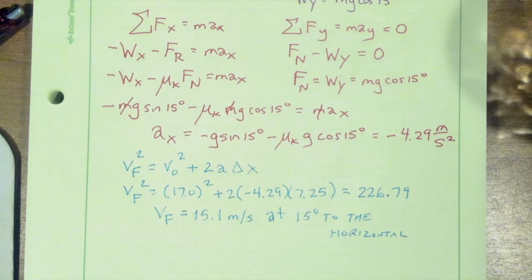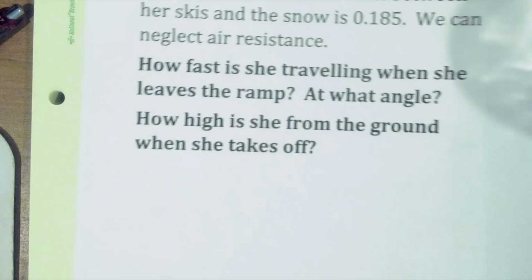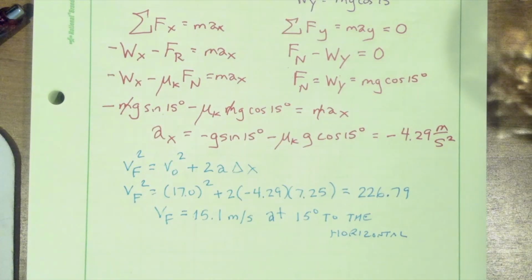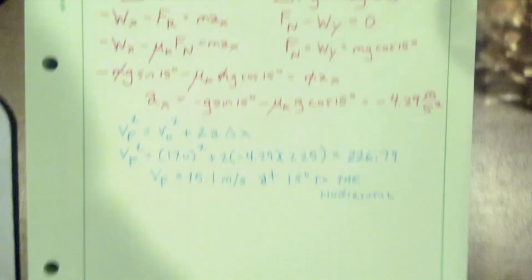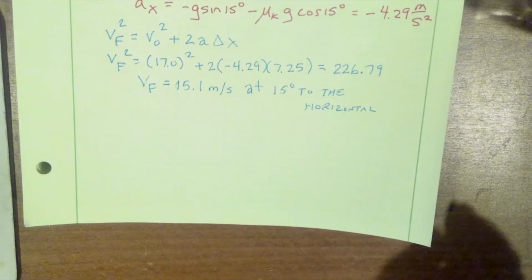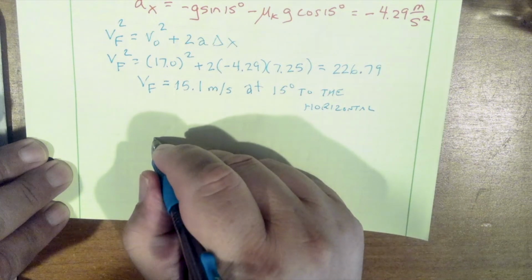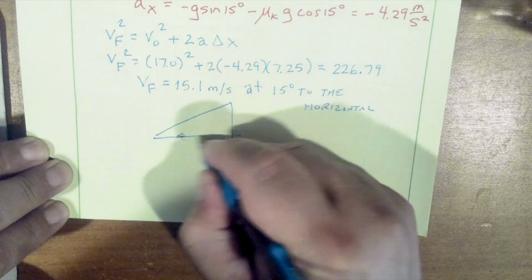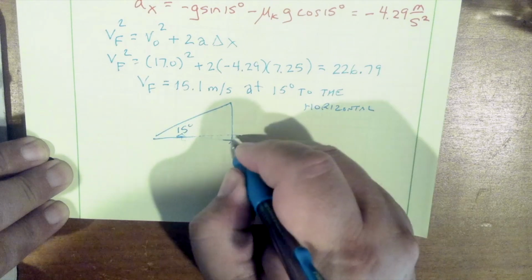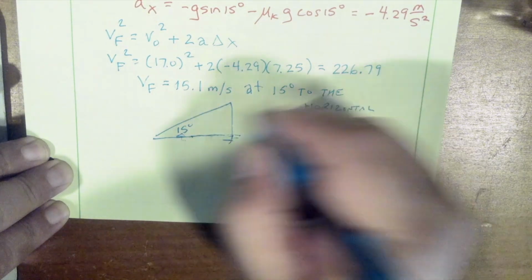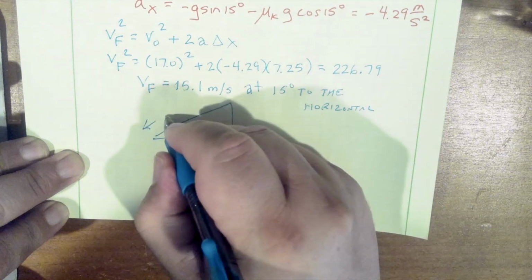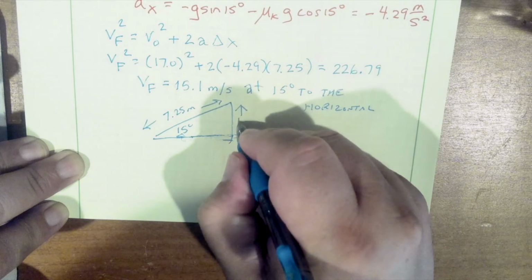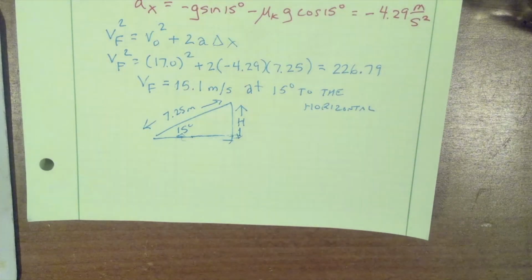Now, we're not quite done yet, because the question also asks us, how high is she from the ground when she takes off? Well, that is a simple matter of applying some trigonometry to the ramp itself. If we just draw the ramp now without anything else, we can see that the ramp has an angle of 15 degrees and a length of 7.25 meters. And this right here is the height that we want.